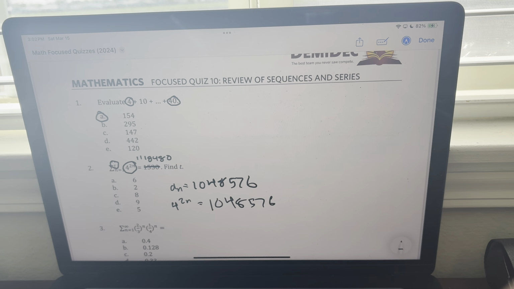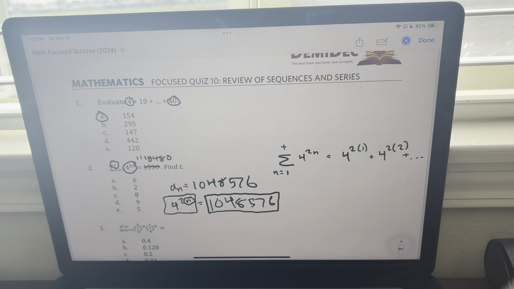And that's because our final term is going to equal whatever this N is here, since we found our final term and it gave us in the calculator what the full number is. We just need to find what number is it going to be? Because that's what the summation does: the summation from N equals 1 to T of 4 to the 2N equals 4 to the 2 times 1 plus 4 to the 2 times 2, and so on and so forth.